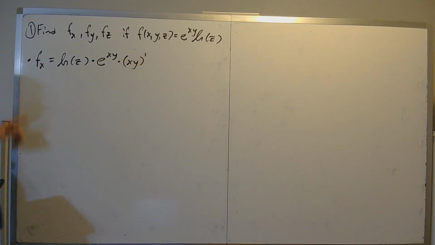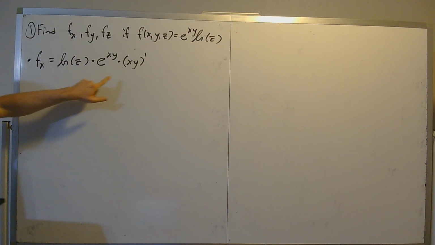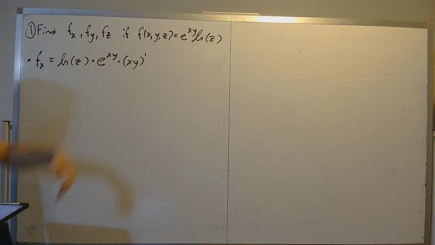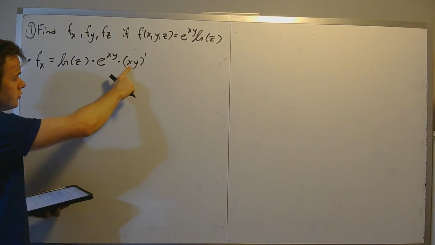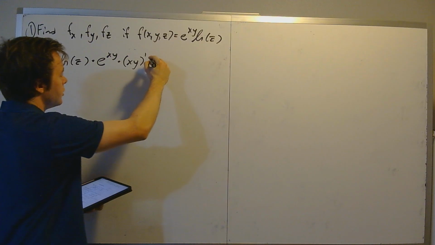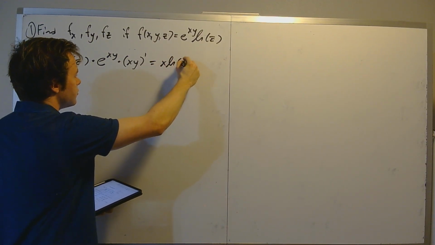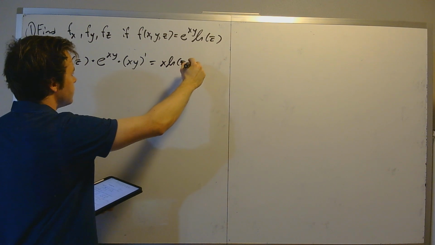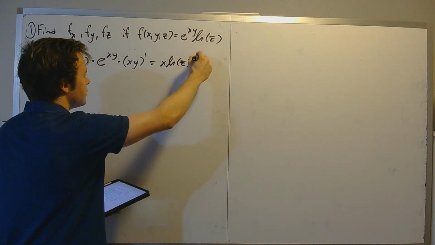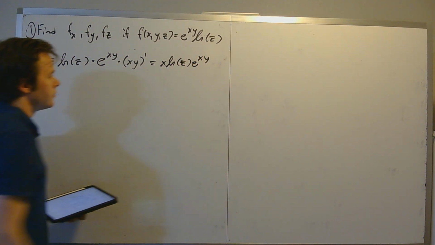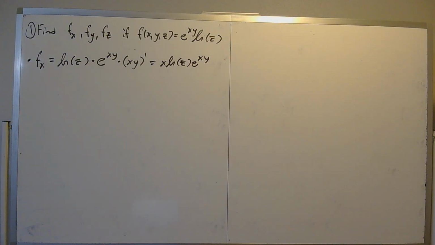But remember, we're taking the derivative with respect to x, treating y like a constant. So this would be y natural log of z times e to the xy. And that would be our answer.